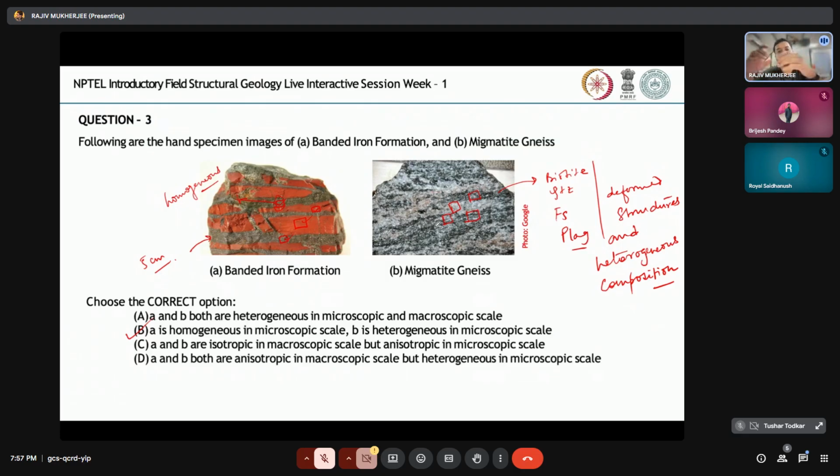Then you go to the next location, you find that along with the first and second phase of deformation, there are overprinting relationships from the third generation of deformation. So increasingly the structures become complex and complex and complex.